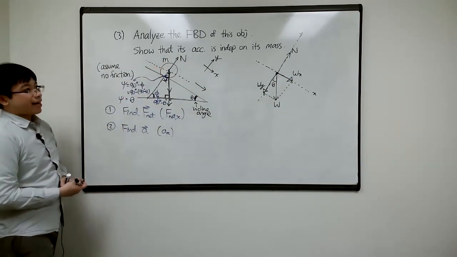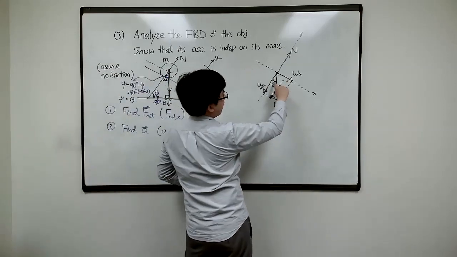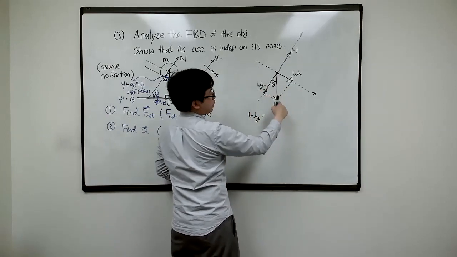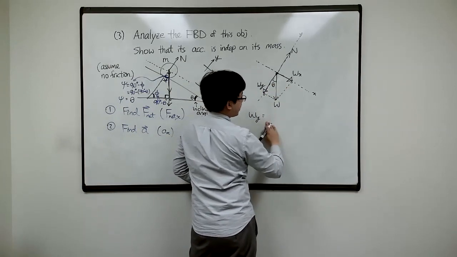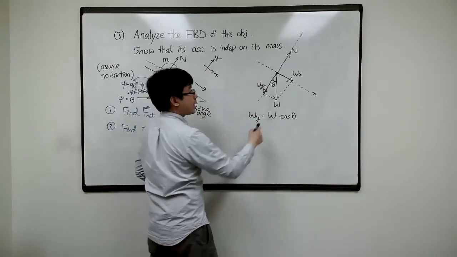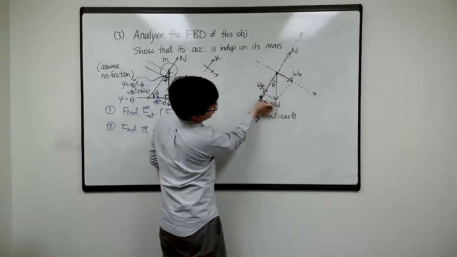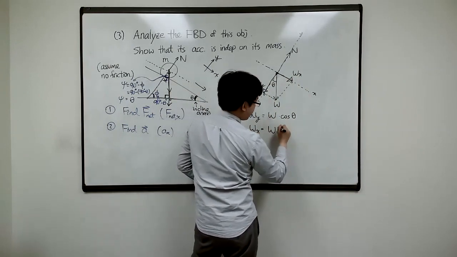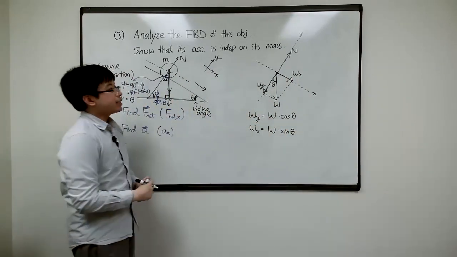All right, what can we say about this? Now we can write Wy is equal to W times cosine theta, and Wx here is really this length, which is opposite of that. So Wx is W sine theta. Those are my components.